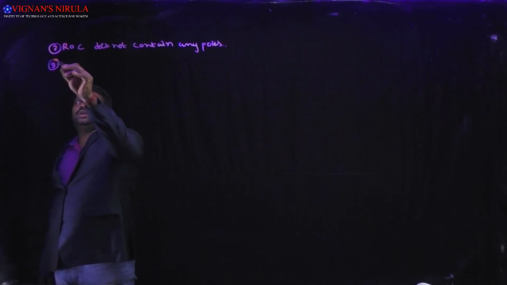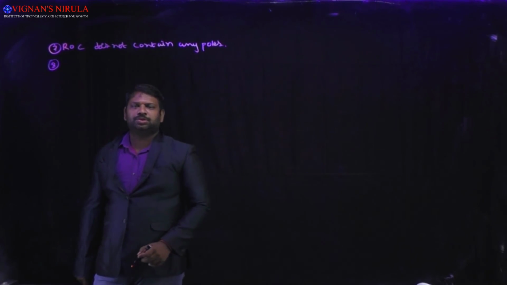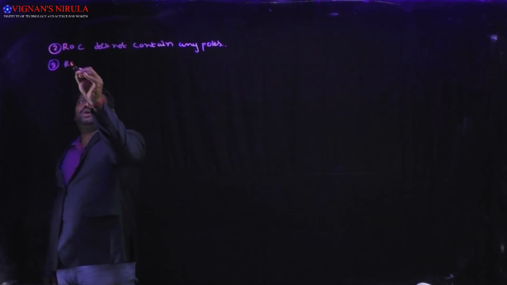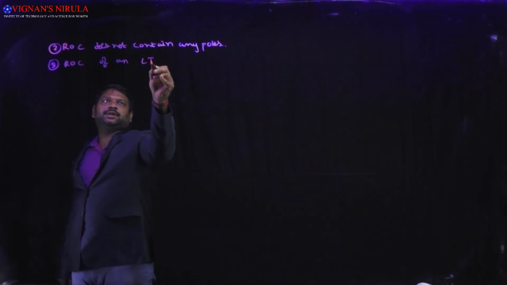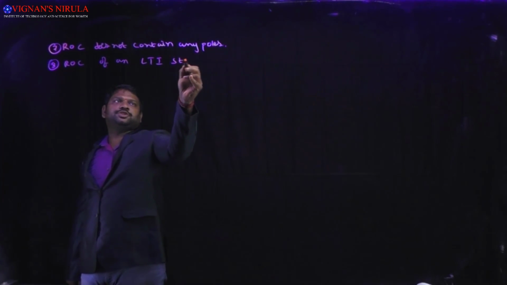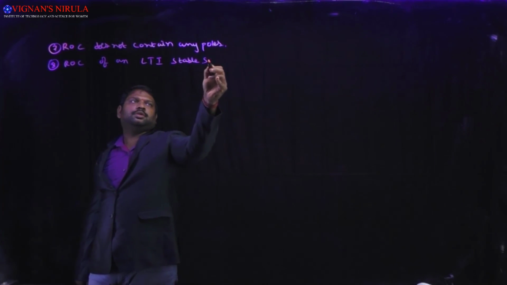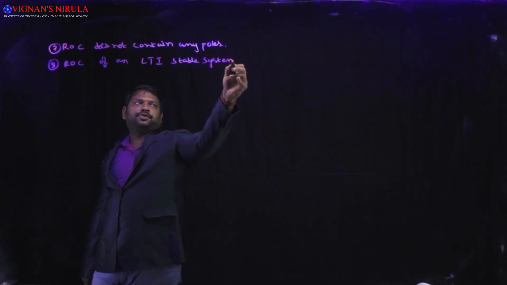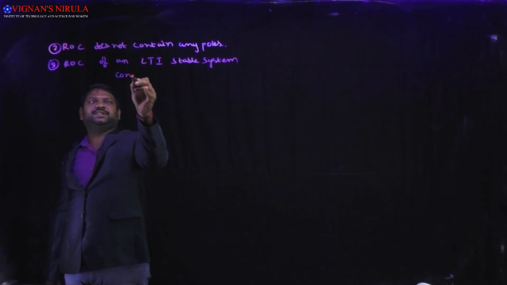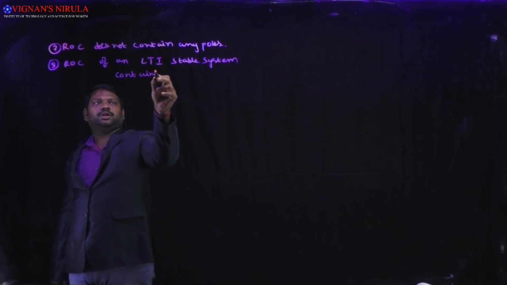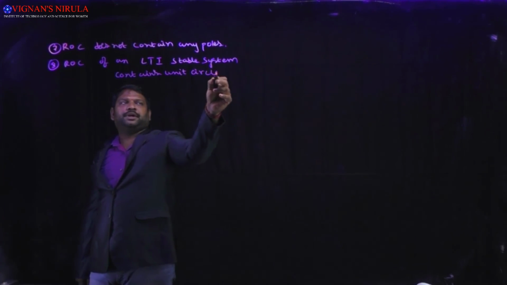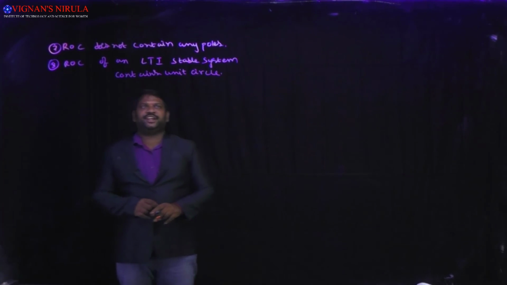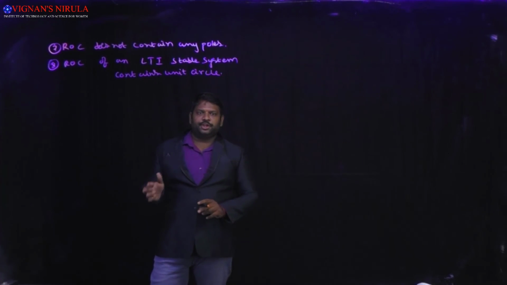Next, the ROC of an LTI stable system contains the unit circle. For a particular ROC of an LTI stable system, it contains the unit circle.